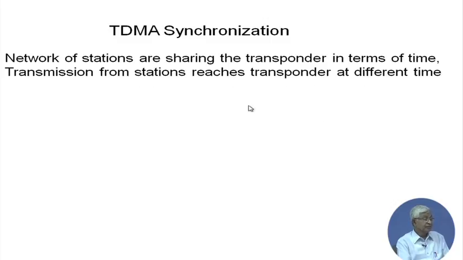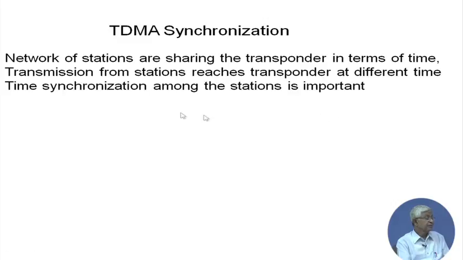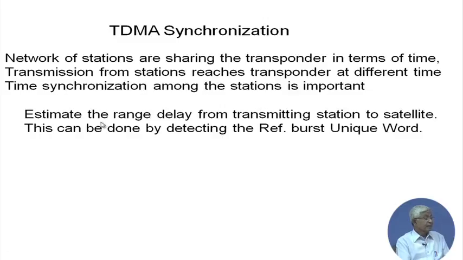That is the idea, so that in the frame it has to be put in proper time-interleaved order. So, this time synchronization among the stations is very important. Now, the individual stations are at different locations, so the range delay is different. The delay from the station to the satellite will be different for each station. The delay comes into play in this case.